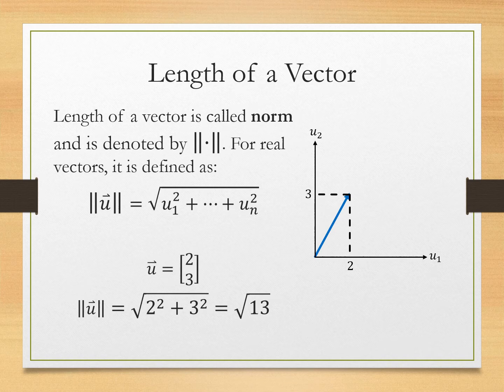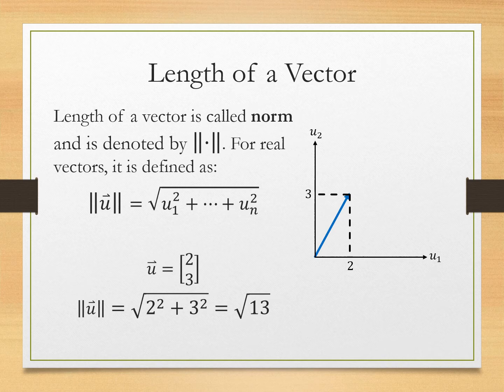This is exactly how you would calculate the length of this vector. Why? This is the Pythagoras theorem: a squared plus b squared equals c squared. The hypotenuse length is the root of a squared plus b squared. So this actually makes a lot of sense.